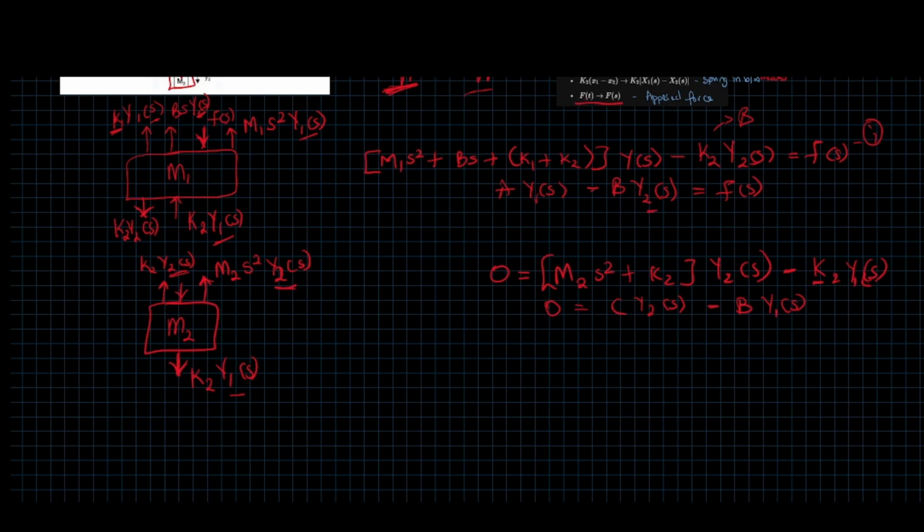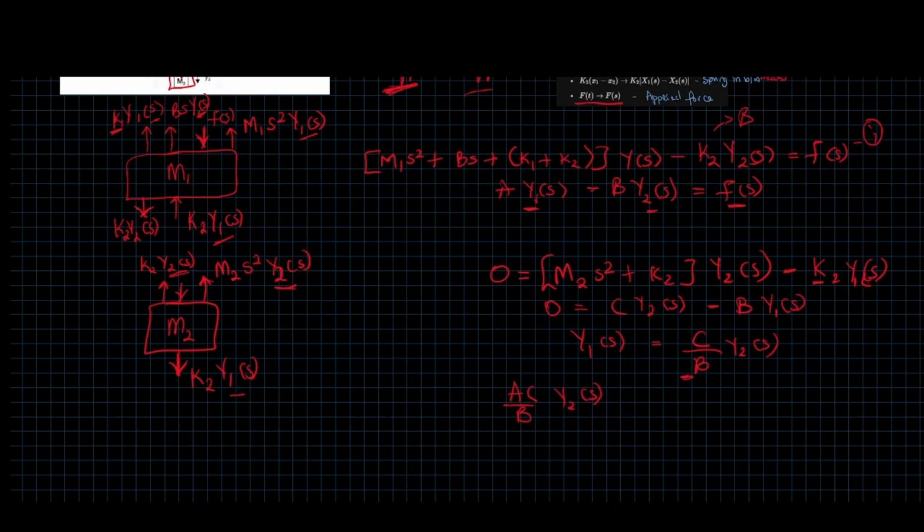You can see in this formula we have Y2(S) and F(S), and that's exactly what we're looking for. So let's substitute Y1(S). From this equation, make Y1(S) the subject. It's going to become C over B Y2(S). Substitute it in there. It's going to become AC over B Y2(S).